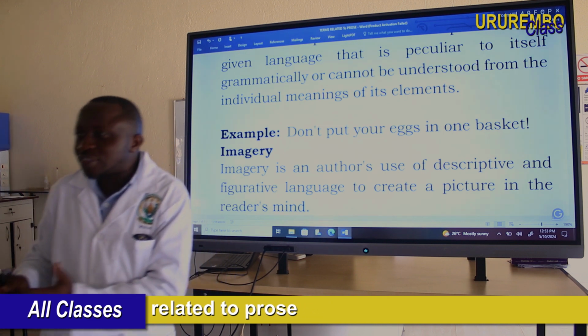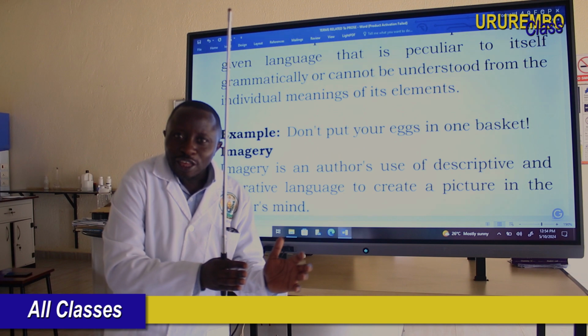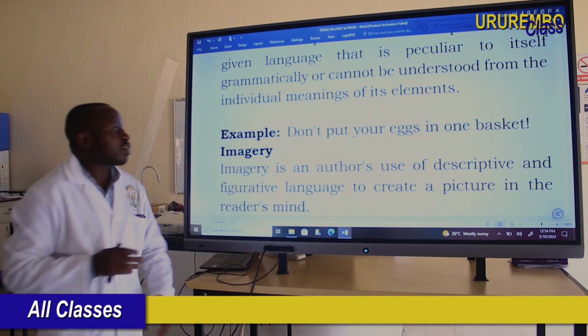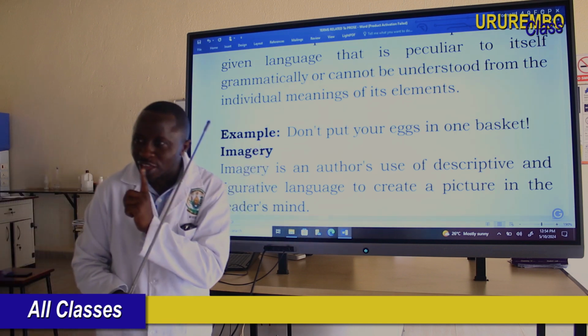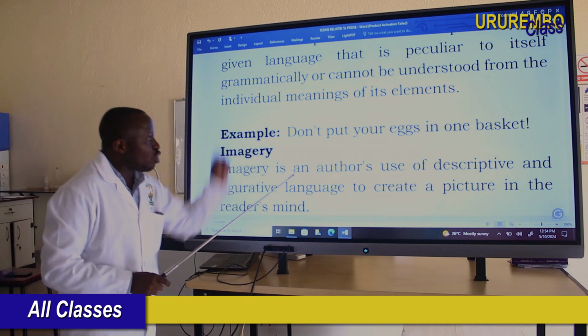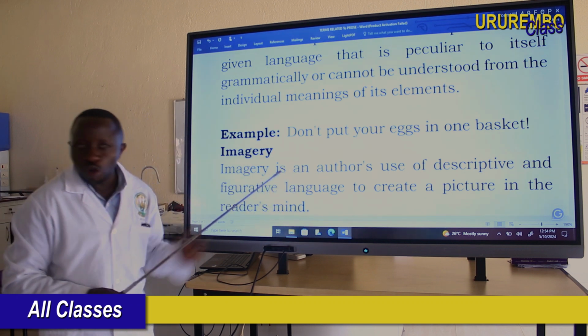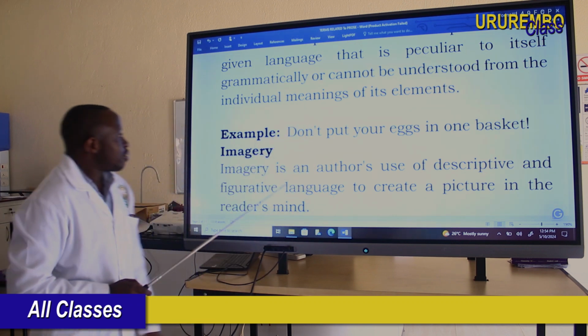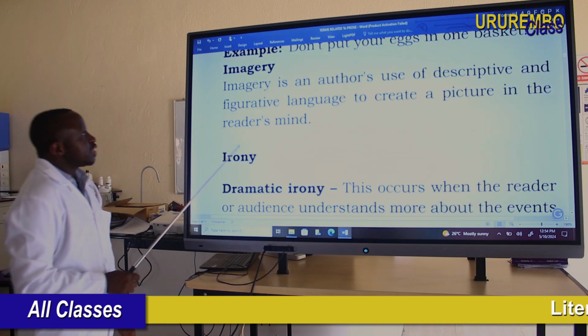Because one business can have a problem. But if you have another business, it can recover the other one that has a problem. So don't put your eggs in one basket. This is an idiom, and it has a hidden meaning, not easy to get. Okay. So we have imagery.